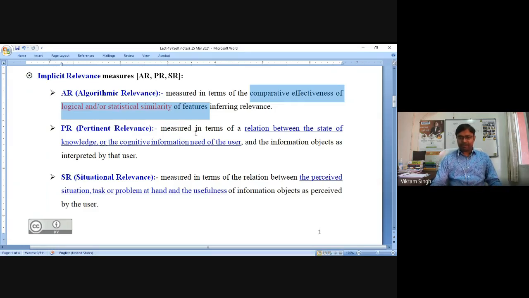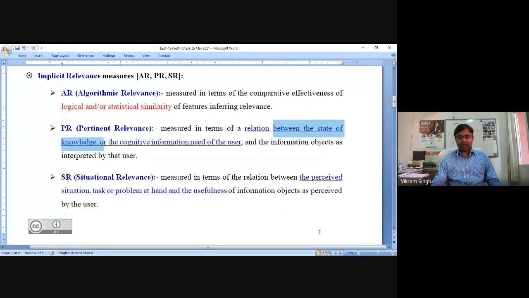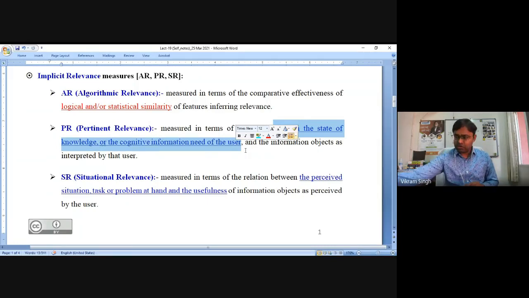The second way of doing implicit relevance could be the type of pertinent relevance. Whenever you are planning to design a pertinent relevance, it is basically a comparison between two statistical values, measuring the relation between the state of knowledge and the cognitive information needs of the user. So this implies you should have a statistical value of the user's understanding of the information object.